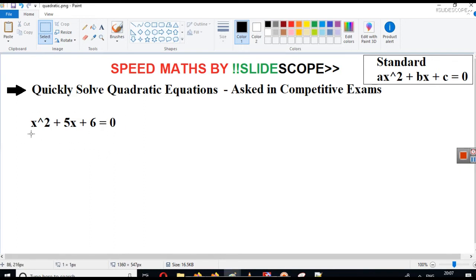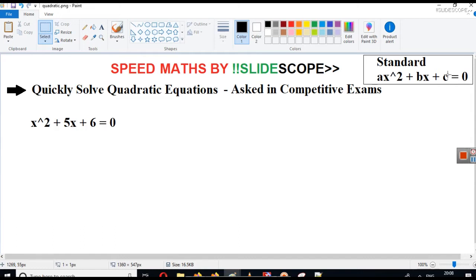This is x square plus 5x plus 6. In case of a quadratic equation, x will have two possible values which are called roots of x, and ax square plus bx plus c is the standard form of a quadratic equation.